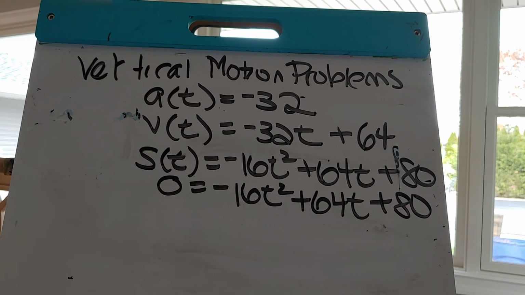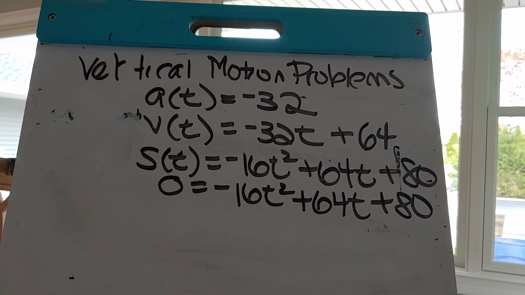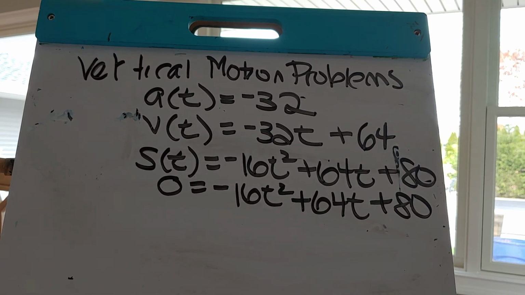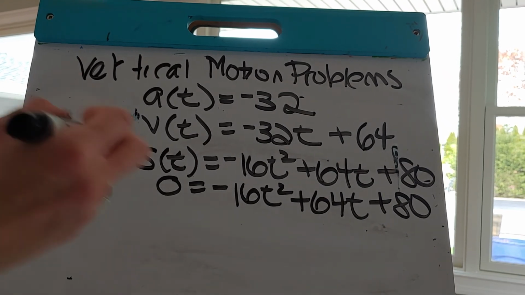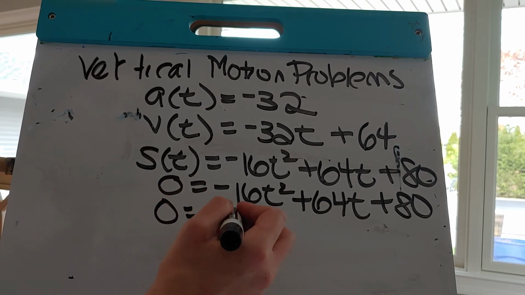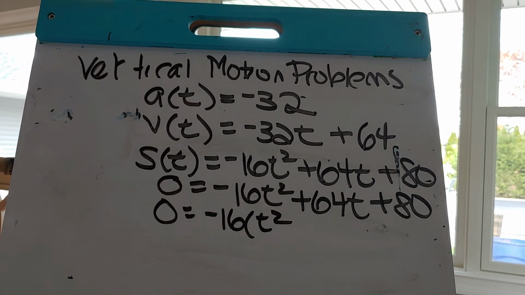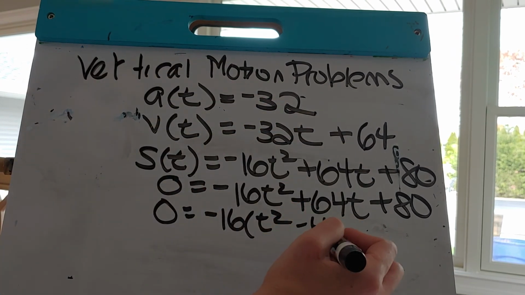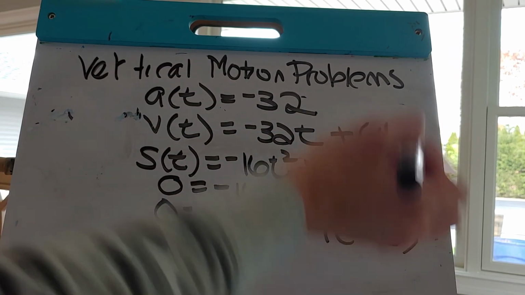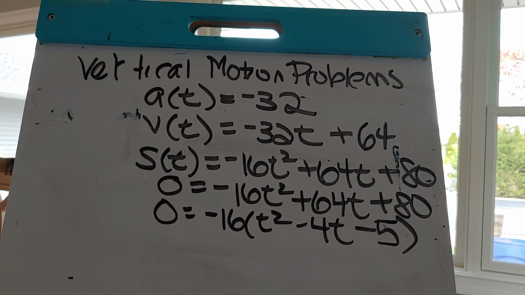And then I have to solve this quadratic. They all have a 16 in common, so I could divide out that 16 to make it a little bit easier. So I have 0 equals, I'm going to divide the negative 16 out, t squared minus 4t minus 5. Looking for factors of negative 5 that give me negative 4, nice and easy to factor.